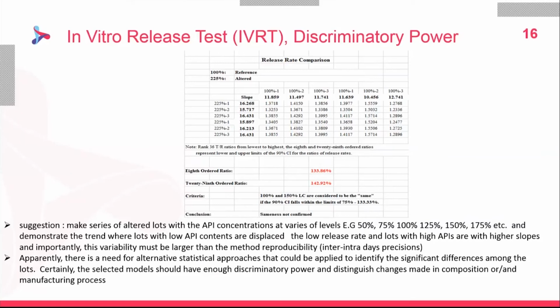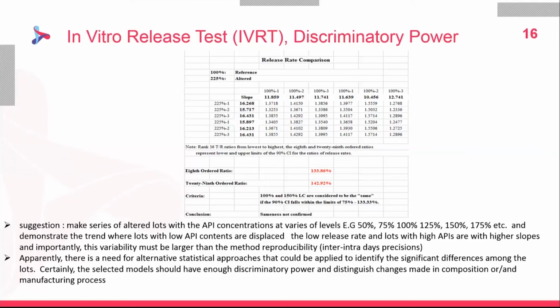And demonstrate the trend: lots with low API content display a low release rate and lots with high API display a high slope. Importantly, this variability must be larger than the method reproducibility, the intraday precision, outside of the error bar.